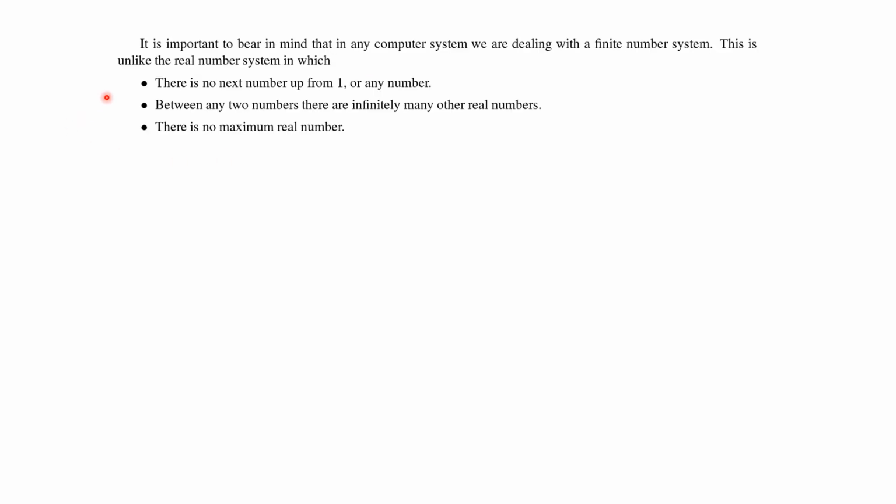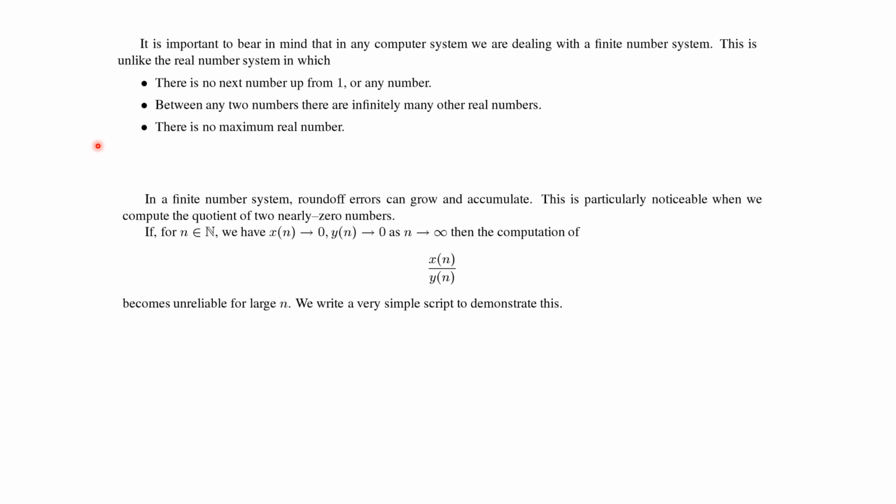So when you're working with the computer, bear in mind, if you pick a particular number, there's no next number up in the real number system, but there is in the computer system. And between any two numbers, there are infinitely many real numbers, but not so in the computer system. And in our real numbers, there's no maximum number, but in the computer system, there is a maximum number.